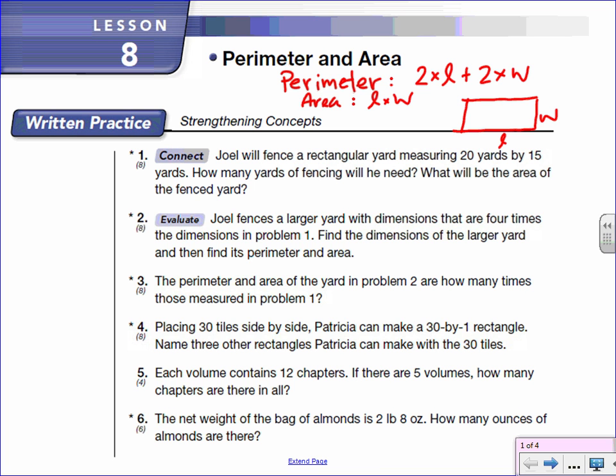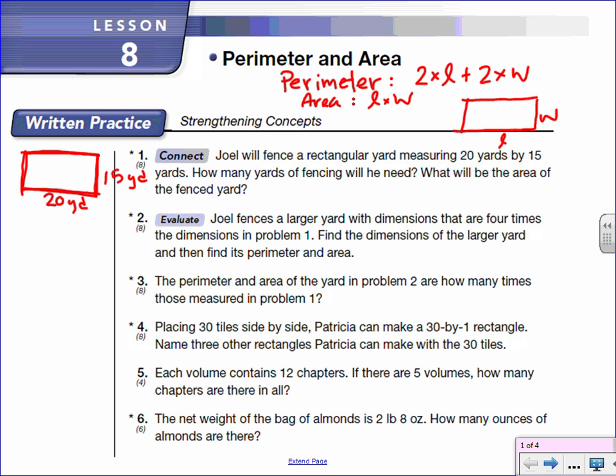In the first problem, it says Joel will fence a rectangular yard. So we can draw a little diagram. Here's his rectangular yard, measuring 20 yards by 15 yards. How many yards of fencing will he need? That's asking around the entire outside, what's that distance? So that's asking the perimeter.